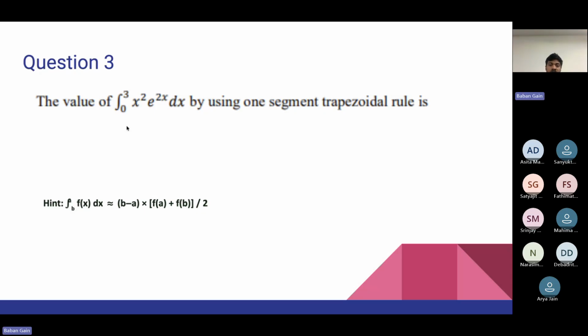So what is B minus A here? Okay, can anyone answer what is B minus A and also what is F of A here? These two.